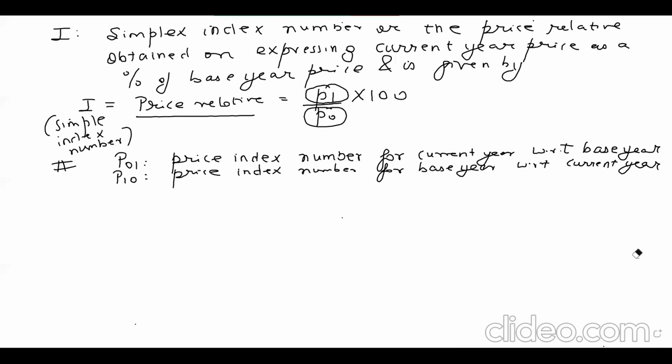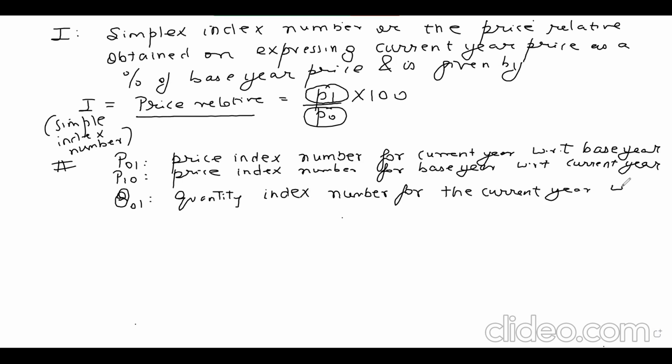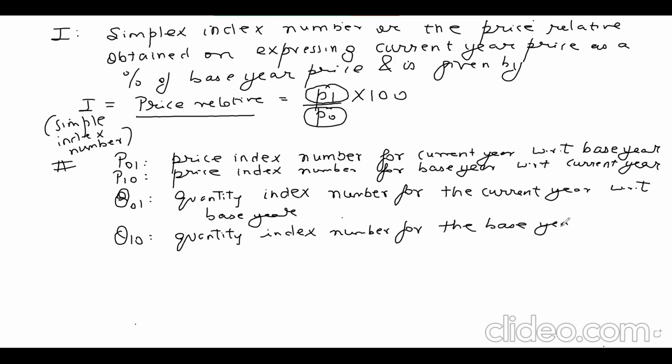Q01 denotes the quantity index number for the current year with respect to the base year, and Q10 denotes the quantity index number for the base year with respect to the current year.